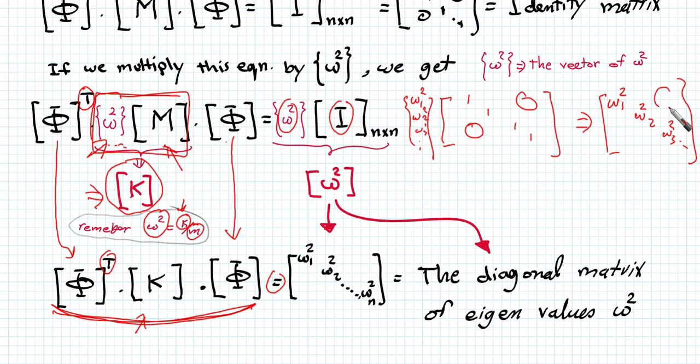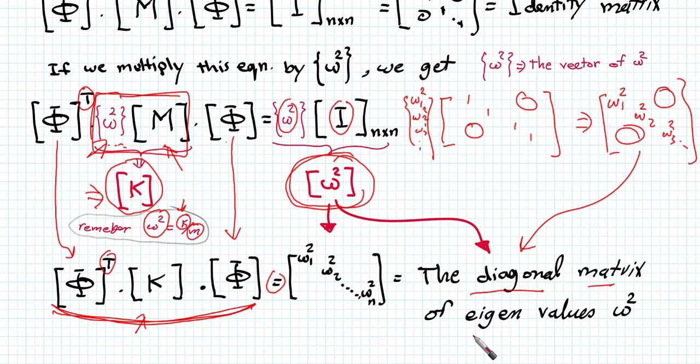All the elements outside of it are going to be zeros. So this is what we call the diagonal matrix of the eigenvalues, omega squared.